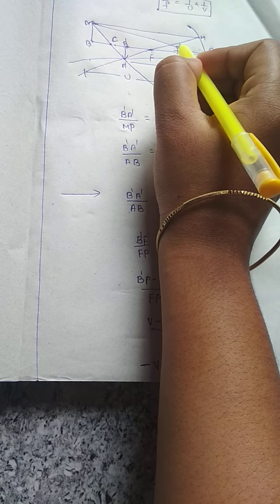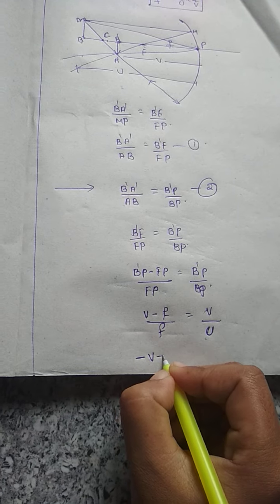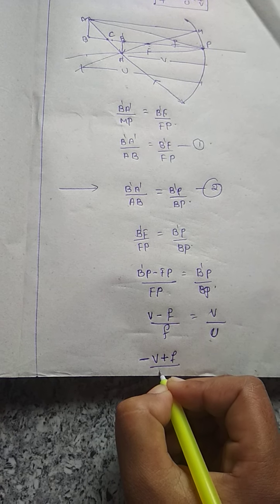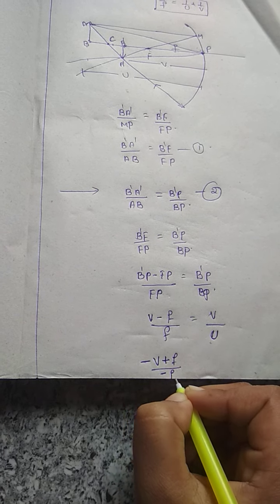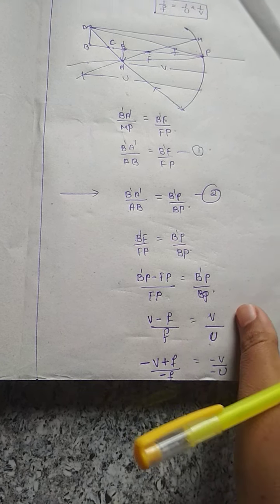This is also perpendicular to the incident ray, so again negative. So (minus V plus F) by minus F is equal to minus V by minus U.